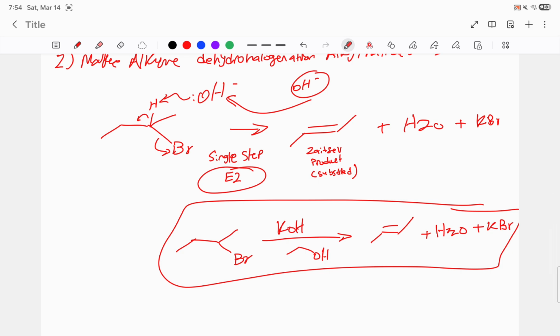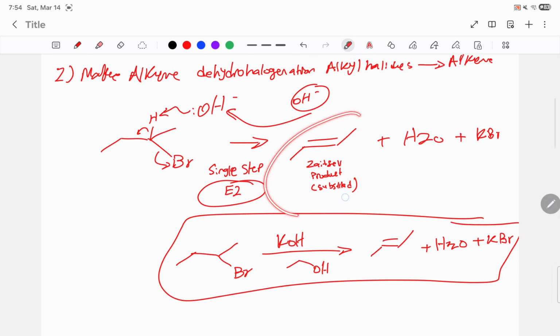So in most scenarios, it is also what we call stereoselective. Let me rephrase this. It is stereoselective because it gives you a trans or the E alkene over the cis alkene. And in a cyclic system, the E2 mechanism is stereospecific.